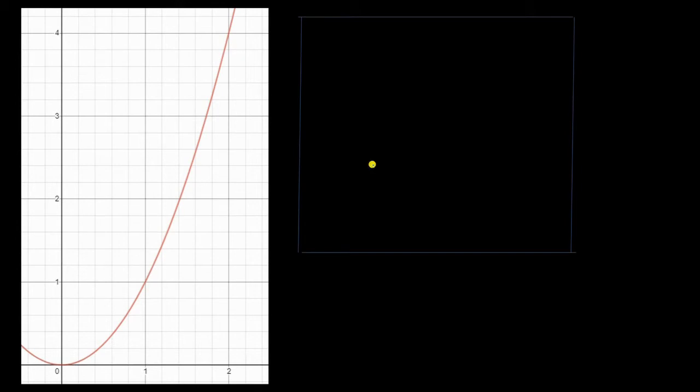Okay, so this is the graph of y equals x squared, right? So since the ith endpoint is going to be a plus i delta x, like we said, and since f of x is equal to x squared, our f of the ith point is going to be a plus i delta x, squared.